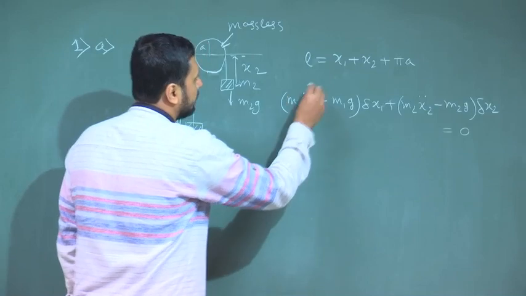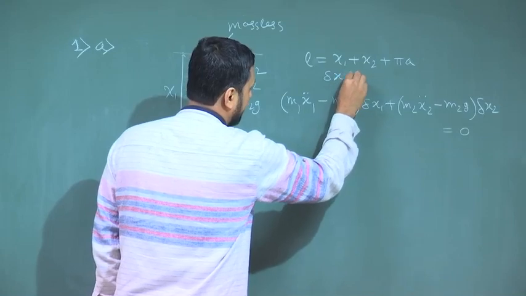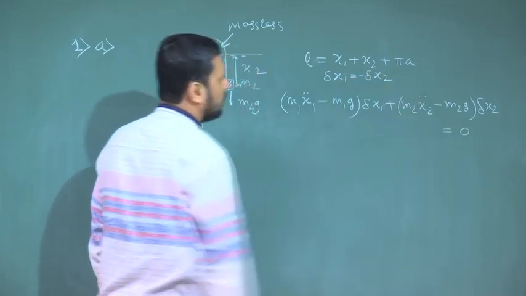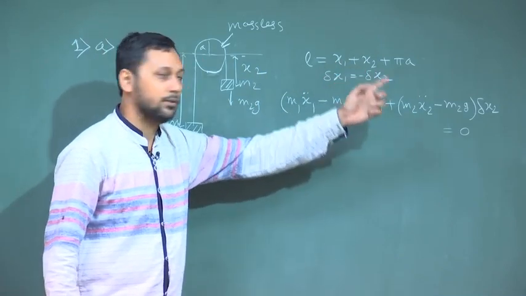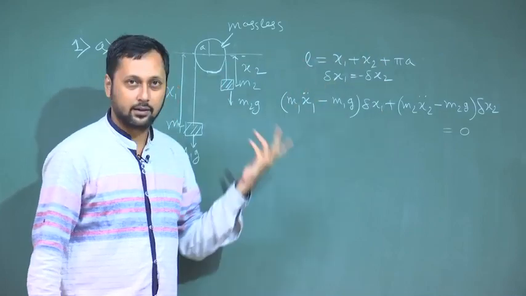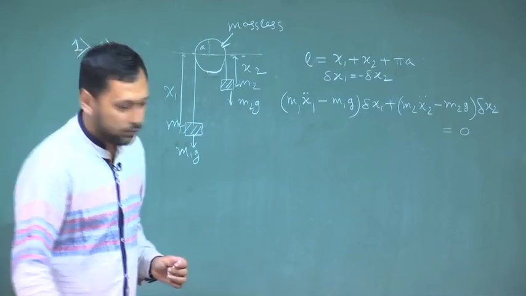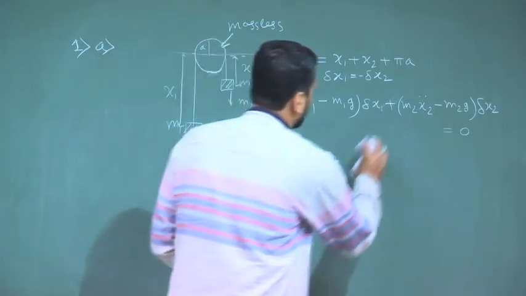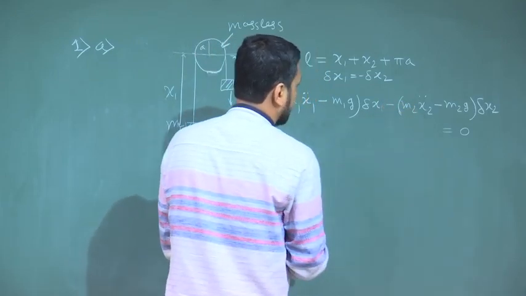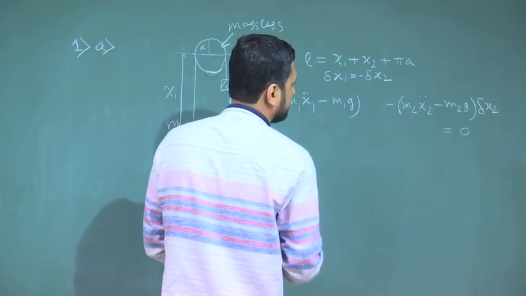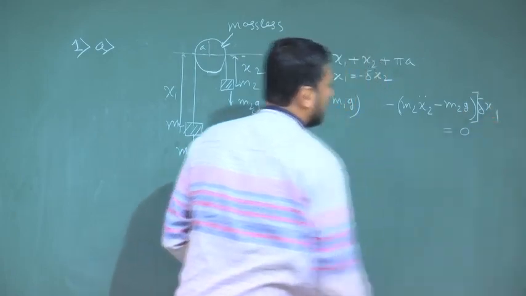Now, from the constraint equation, we can immediately take a virtual displacement and say delta x1 plus delta x2 is equal to 0, so delta x1 is equal to minus delta x2. Definitely it has to be. Take a derivative of the constraint and it will come out. Substitute it here. We get rid of this delta x2, putting a minus sign and a bracket, and put delta x1 outside.